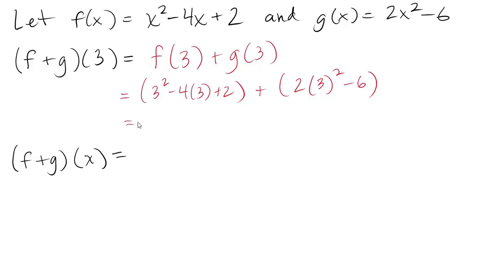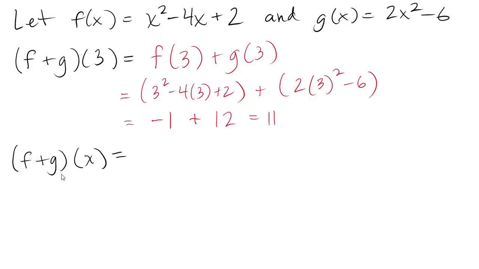Now we can evaluate in each set of parentheses. This is 9 minus 12 plus 2, that's negative 1, plus this is 3 squared is 9 times 2 is 18, 18 minus 6 is 12, and negative 1 plus 12 is 11. We can do the same thing for an unspecified input x.